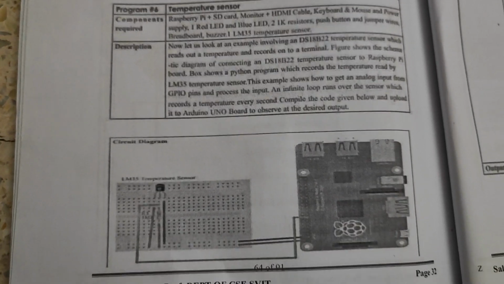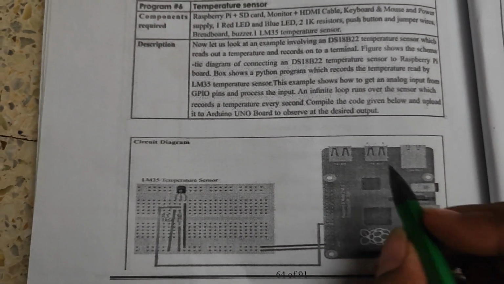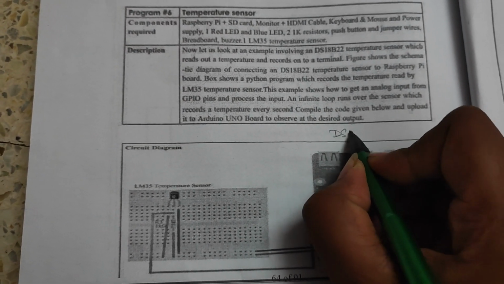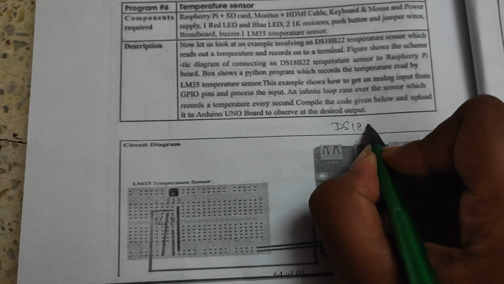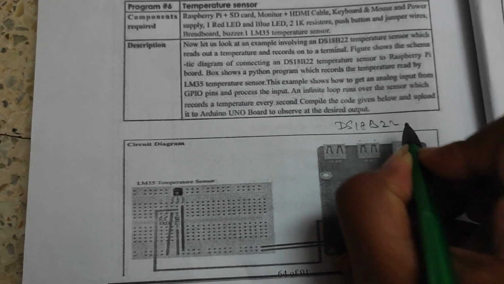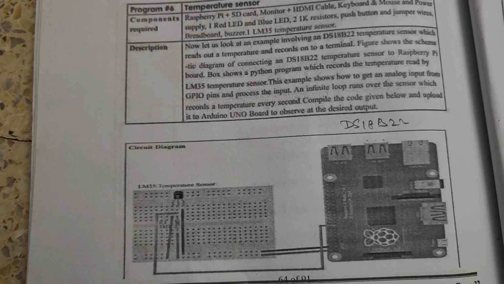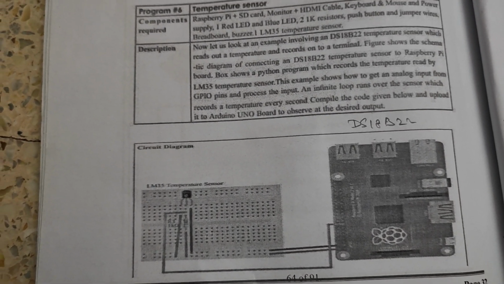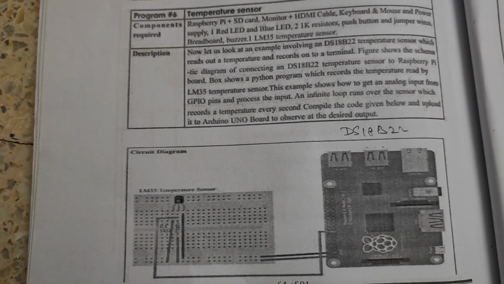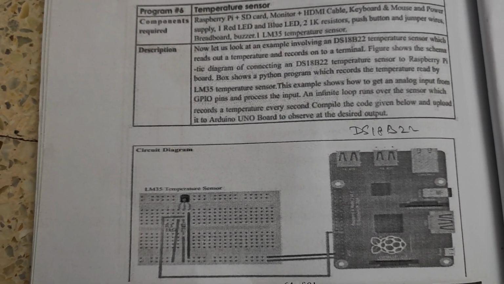So what you're doing here is this is your connection now. So you have a DS18B22. You have the temperature sensor, Raspberry Pi, right? Using which rings a buzzer whenever the temperature crosses either high or low.